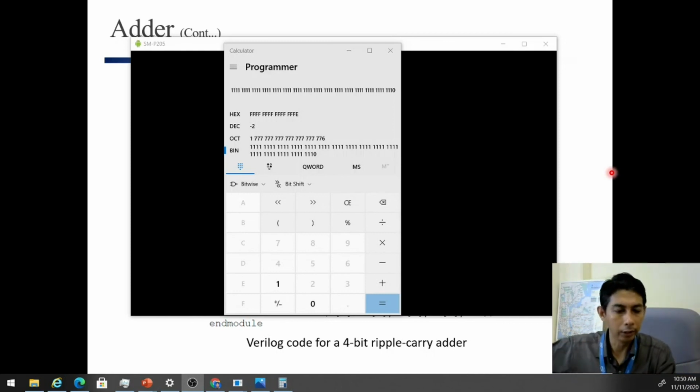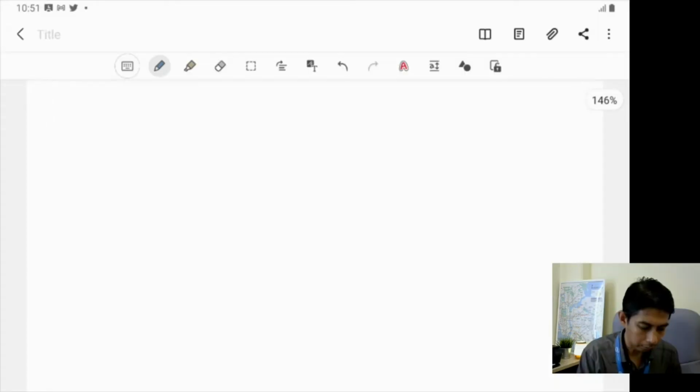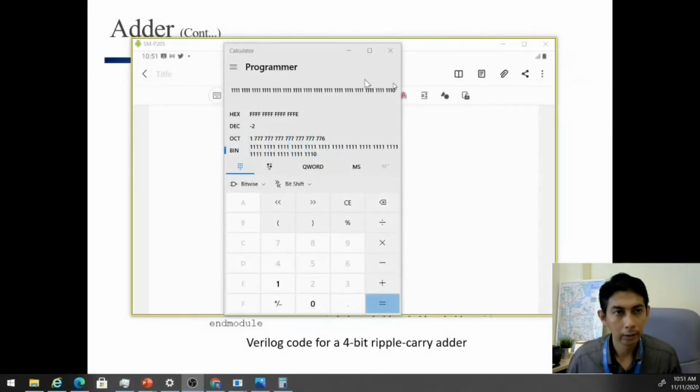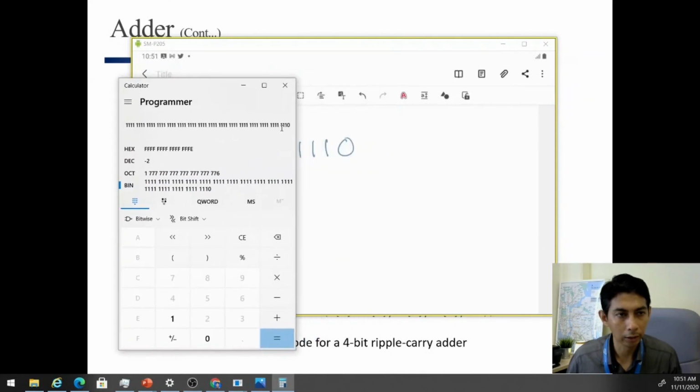The 4 bits from the right hand side. If you take only 4 bits, the number must be 1110, correct? From your calculator, if you can see here, you see 1110, 4-bit.